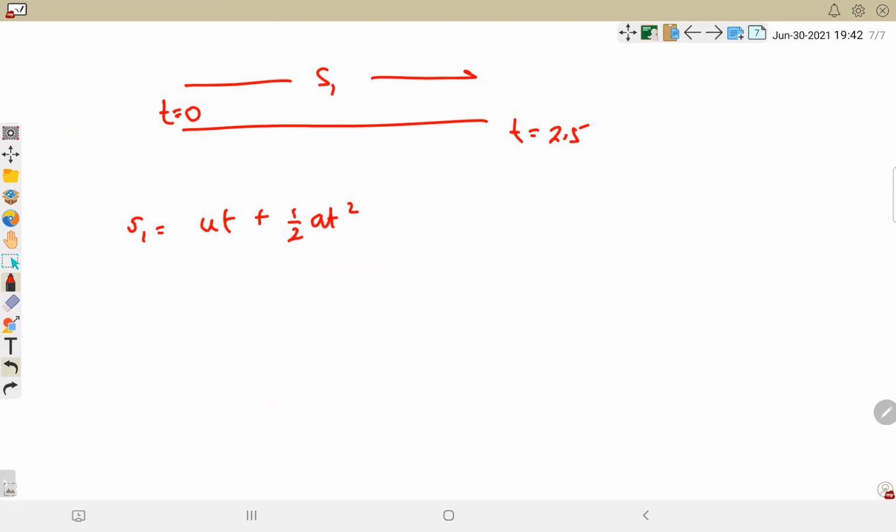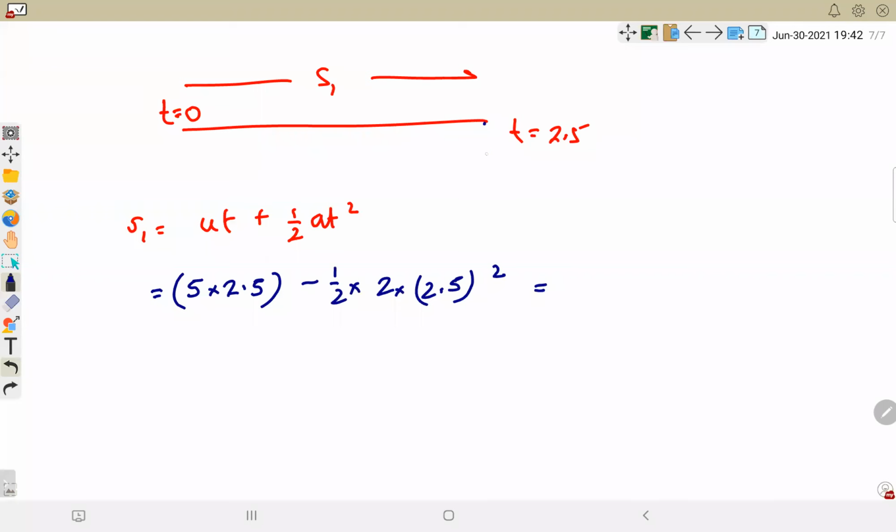Since there is a retardation, we will have to change the sign. U is 5, time in the forward direction is 2.5, a is minus 2, into 2.5 square.